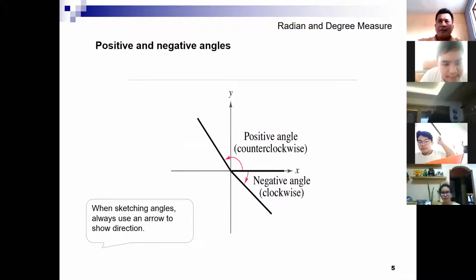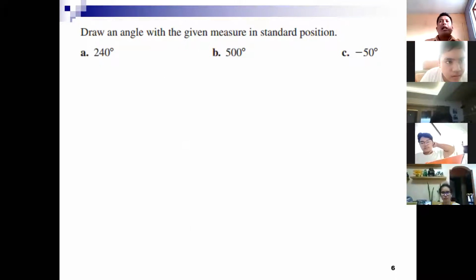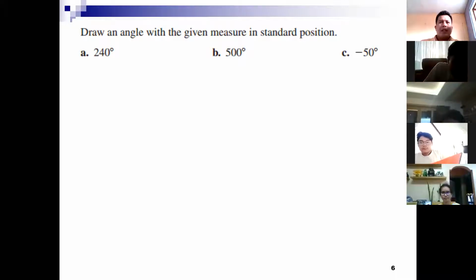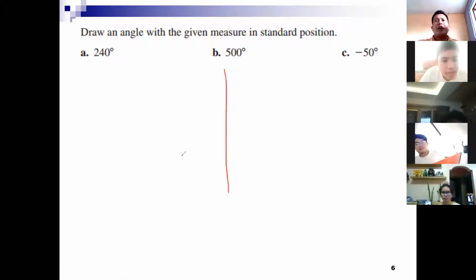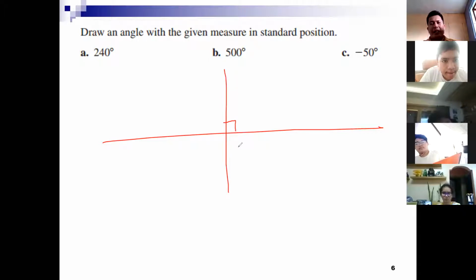Okay, let's proceed. Here we have three angles: 240 degrees, negative 50 degrees, and 500 degrees positive. What is the value of the angle in each quadrant again? Each quadrant measures 90 degrees, right?